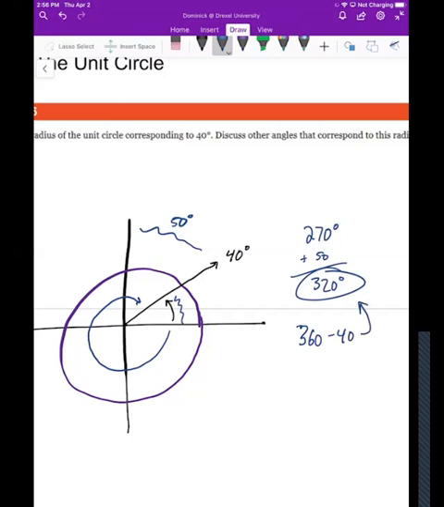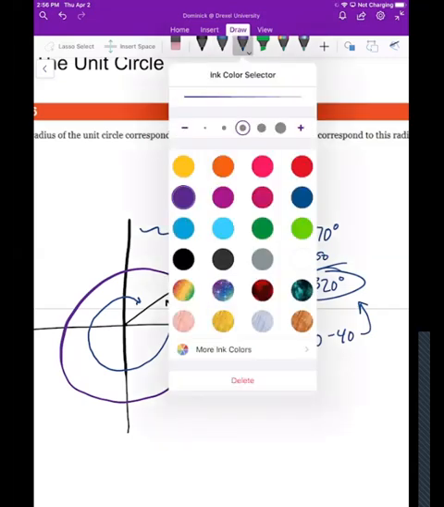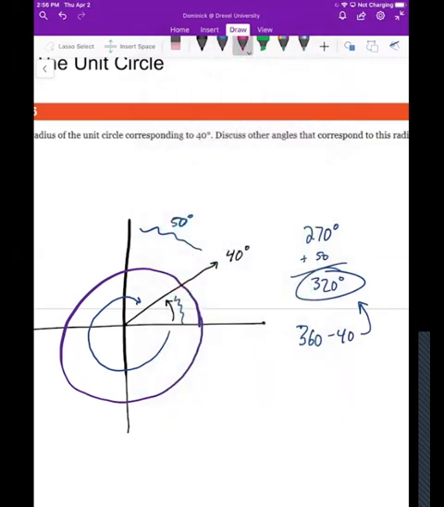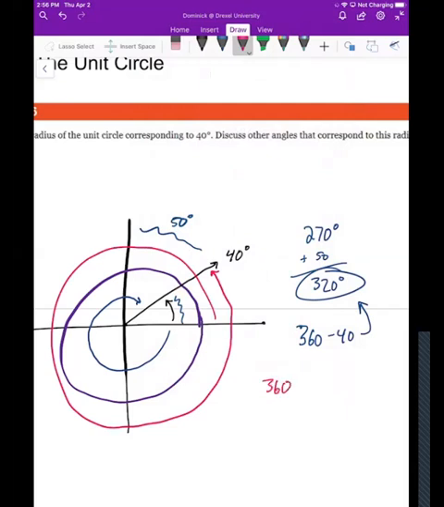All right, now that's not the only other option we could have done. What if we went around one full time and then another 40? So then that would be 360 degrees plus 40 degrees, and that would be 400 degrees. We could also do the same thing in the opposite direction.